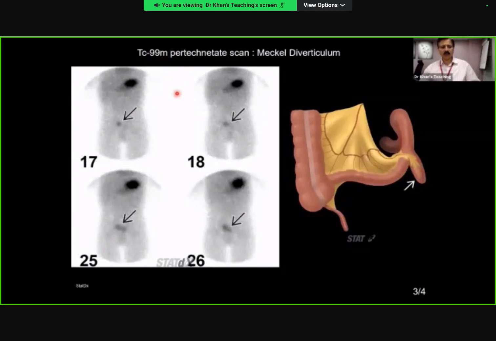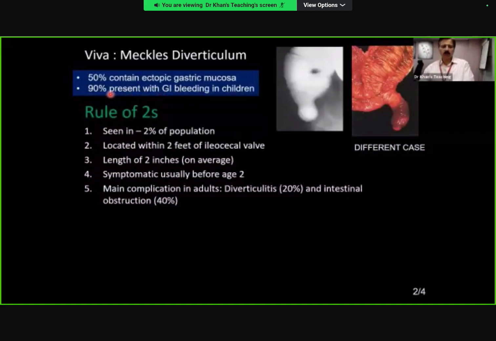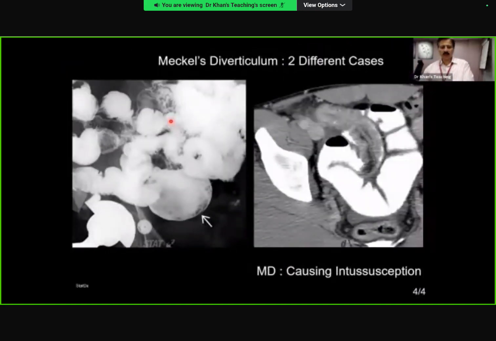Technetium-99m pertechnetate scan is done, and it will only be positive if gastric mucosa is there. Otherwise, it will not be positive. About 50% have ectopic gastric mucosa, but in symptomatic children, usually 90% of them will have it. Meckel's diverticulum on a barium study, Meckel's diverticulum causing an intussusception.